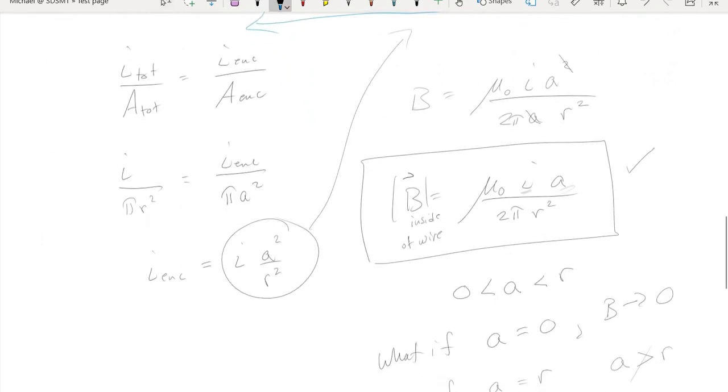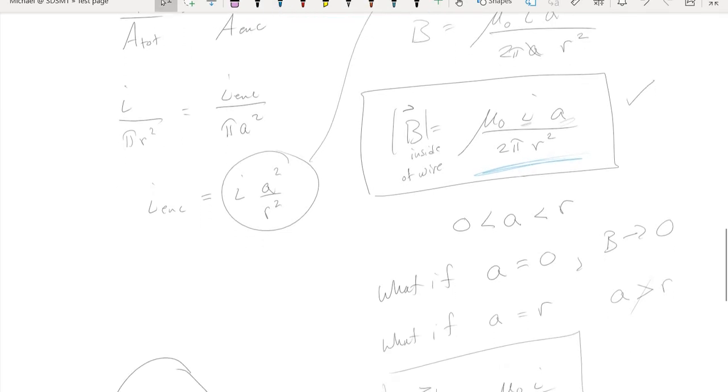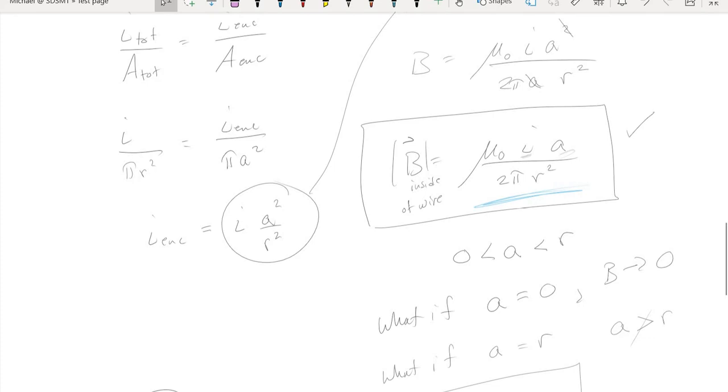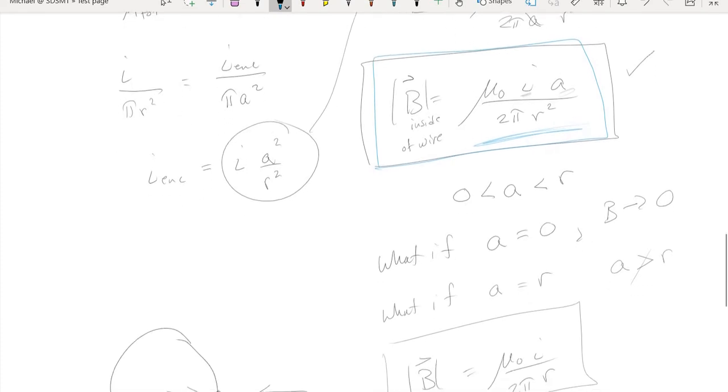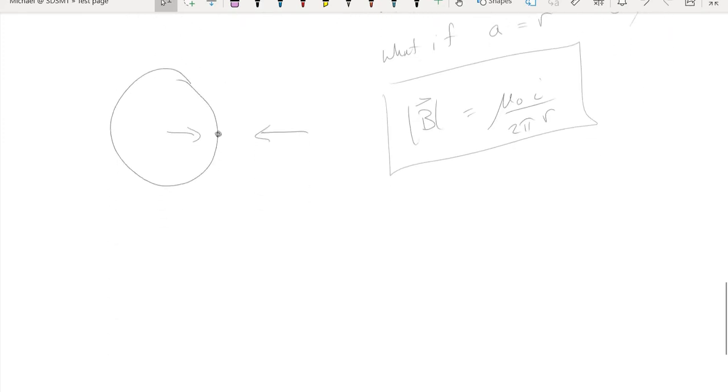But if we're inside the wire, then we need to use this expression so that we're using only the enclosed portion of that current. All right, well, that was something that the calculus approach did not tell us. The calculus derivation didn't allow us to solve for a magnetic field inside the wire, but Ampere's law did.